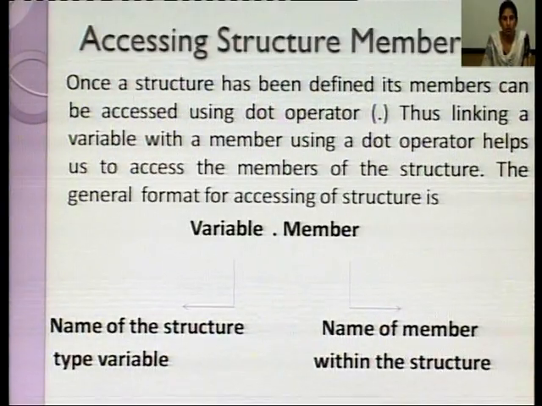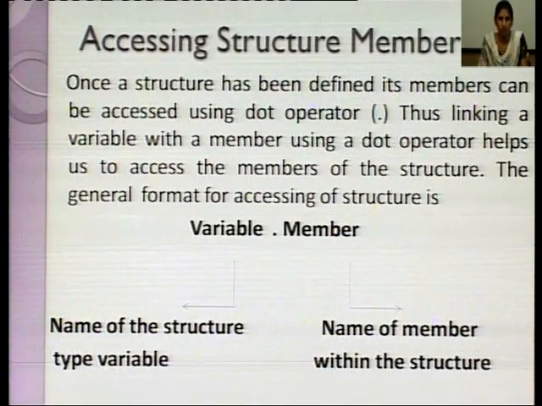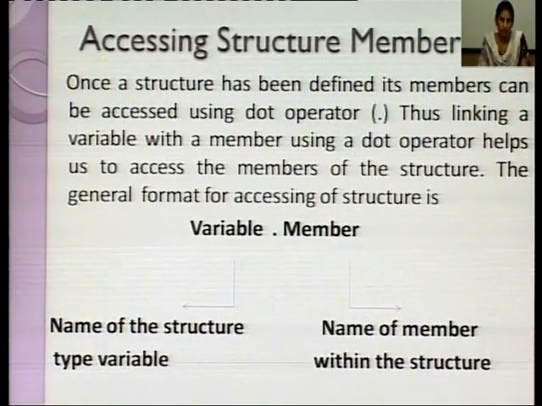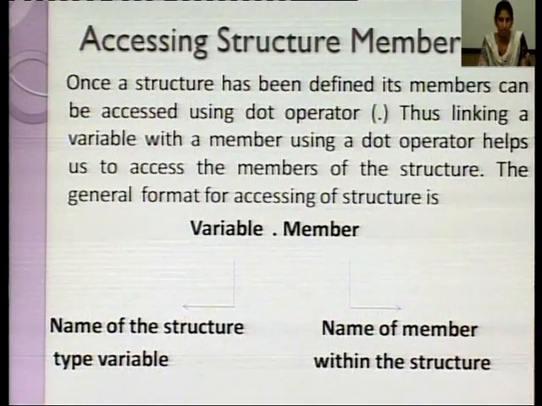Now we will study how to access structure members. Once we have declared and defined the structure, we need to access the members of that structure to use the variables. Once a structure has been defined, its members can be accessed using the dot operator. Linking a variable with the member using a dot operator helps us to access the member of the structure.